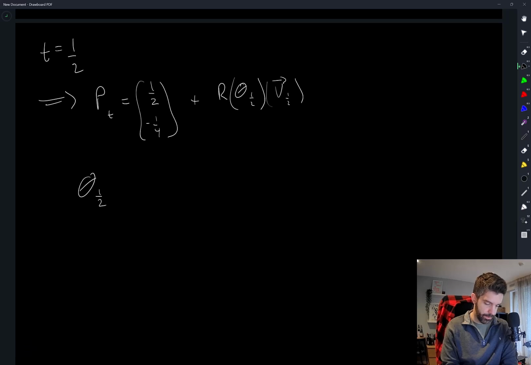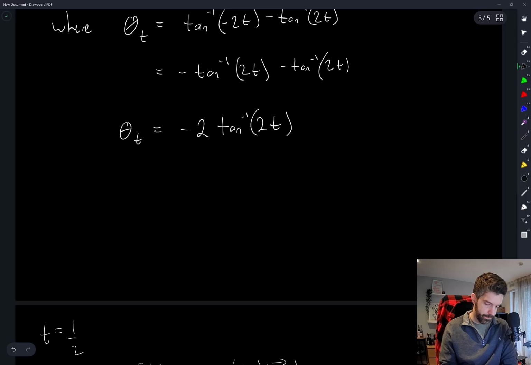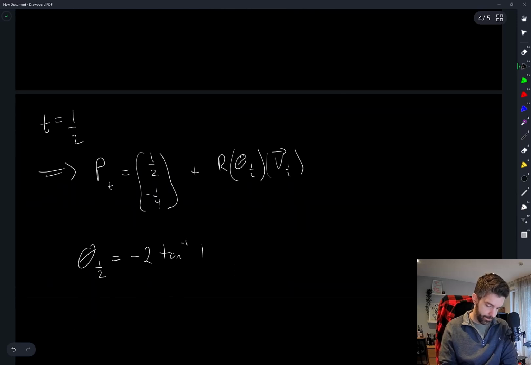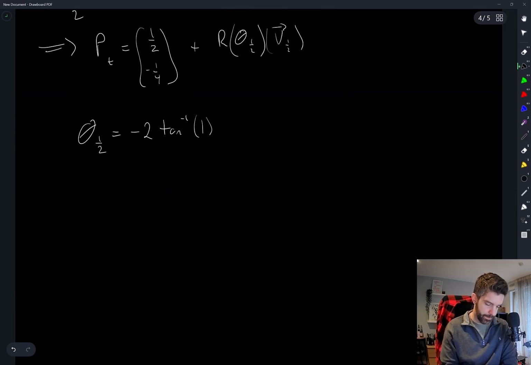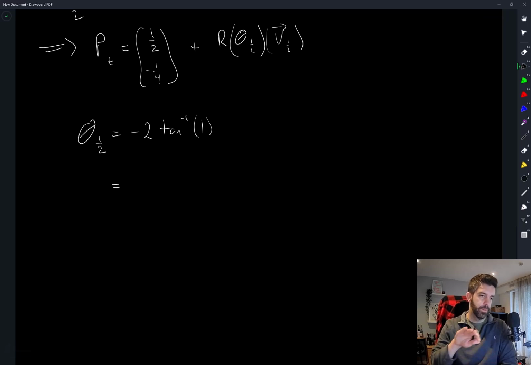Theta of 1 over 2 is equal to negative 2 arctan of 1. Arctan of 1 is pi over 4, so this is negative pi over 2.